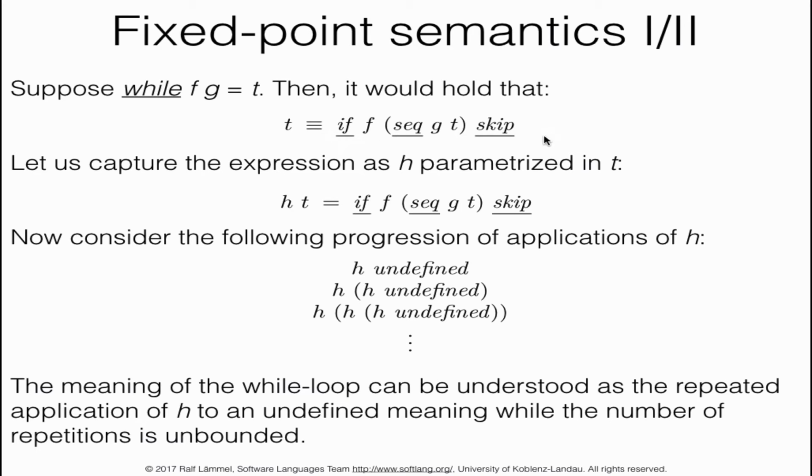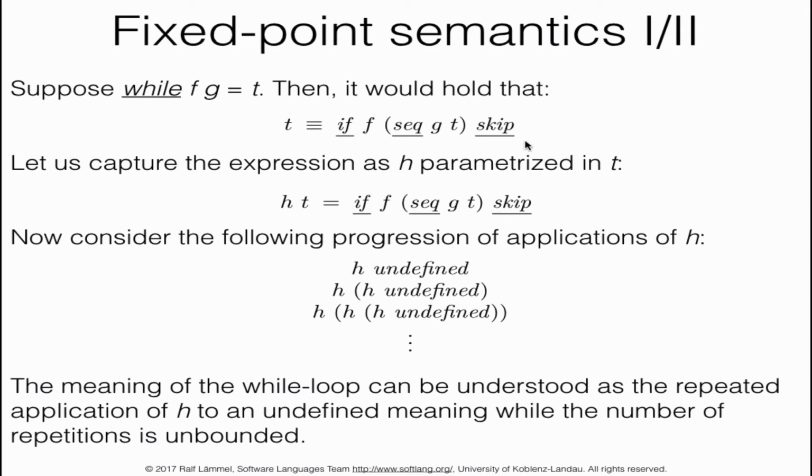The important thing here is we are talking about meanings, we are talking about semantic combinators. We are not talking about syntax here, even though, of course, this looks very suggestive. So if we had t already, if we had the meaning of the while loop already, then we would also be able to express this meaning in this different form.